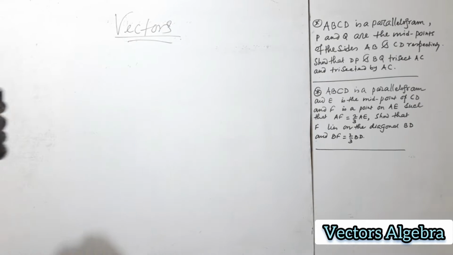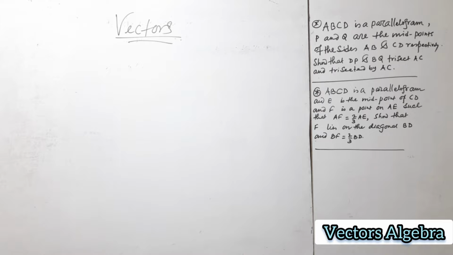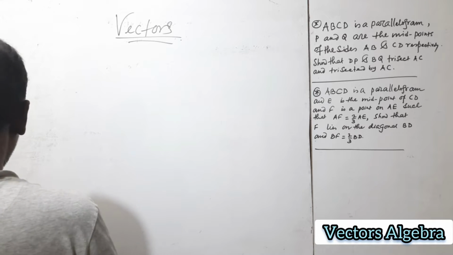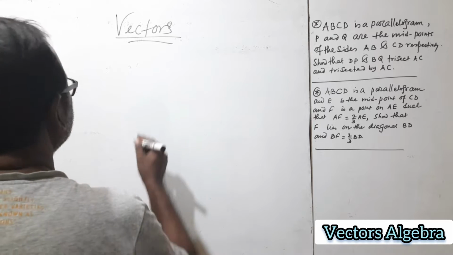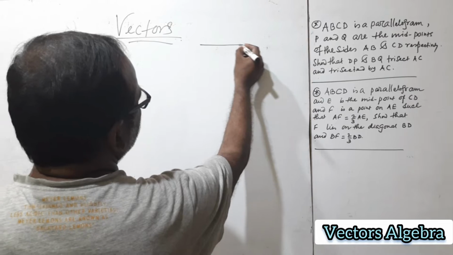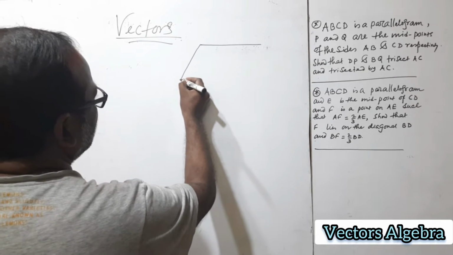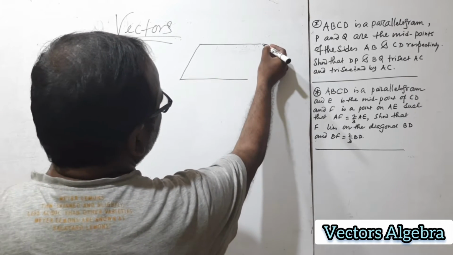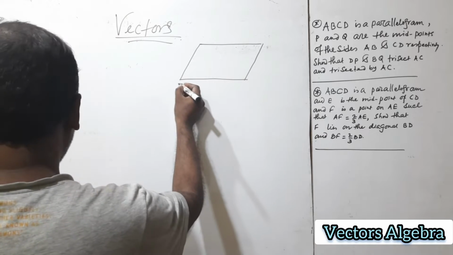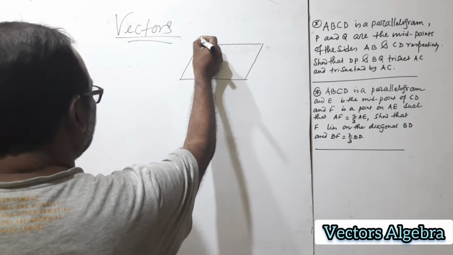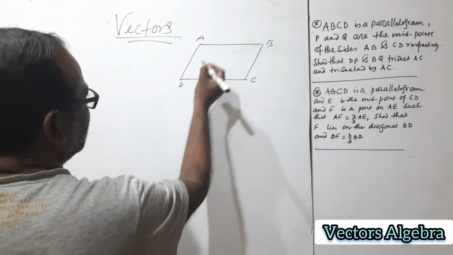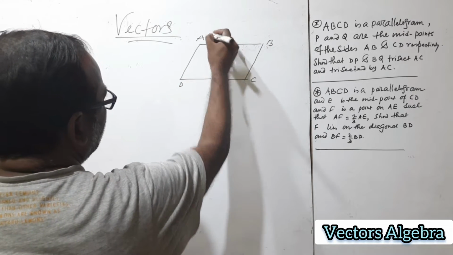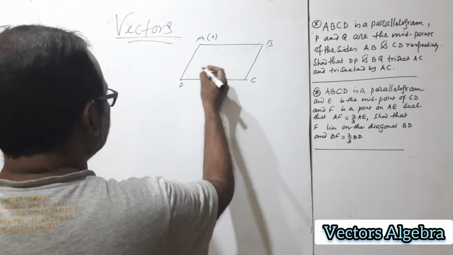Okay. For the first problem, a drawing needs to be drawn here. This is a parallelogram, that is ABCD, with vertices A, B, C, D. Let us assume O as the origin.